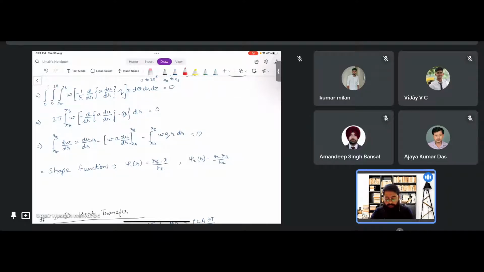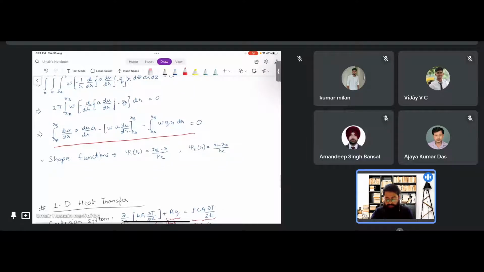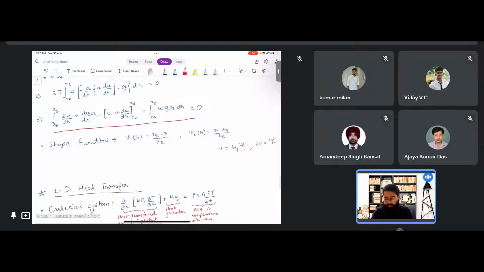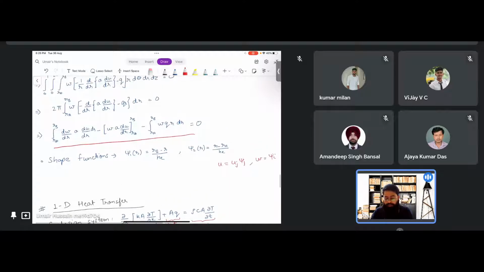After getting this weak form, the process is basically the same. We get the shape function, and we write the solution u as uj psi j, and we get the weight function as psi i, and then get the algebraic equation, writing the matrix vectors. Everything is the same. The only thing we need to take care about is taking the volume integral for this case.